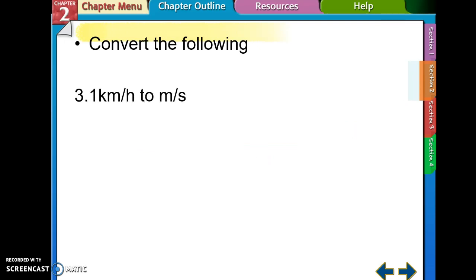Alright, this one's a little bit harder. It says convert the following: 3.1 kilometers per hour to meters per second. Here's what I would do. I would start off by kind of ignoring the hours to seconds, but we'll come back to that. I would look at kilometers to meters, and know that for every 1 kilometer, I have 1,000 meters.